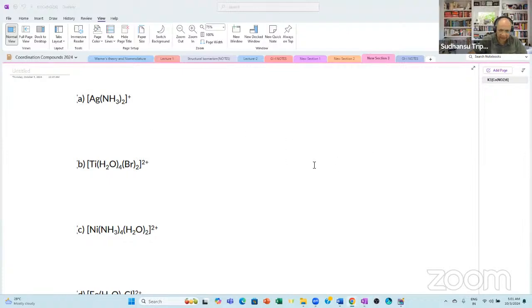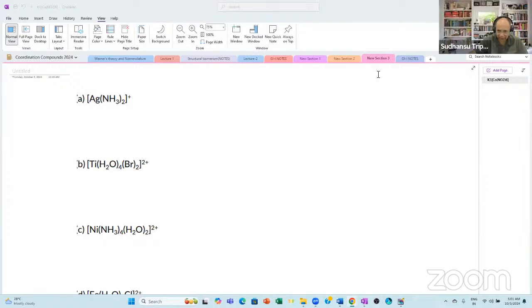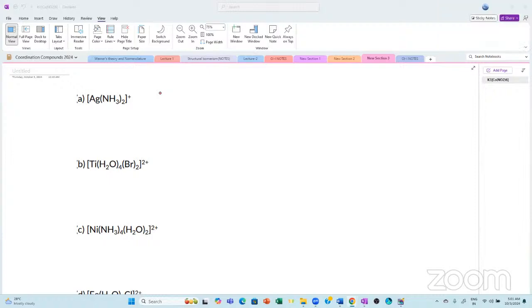Can you see my screen? Yes, sir. So just to have a little practice, what is the name of the first compound? Diamine silver one ion.